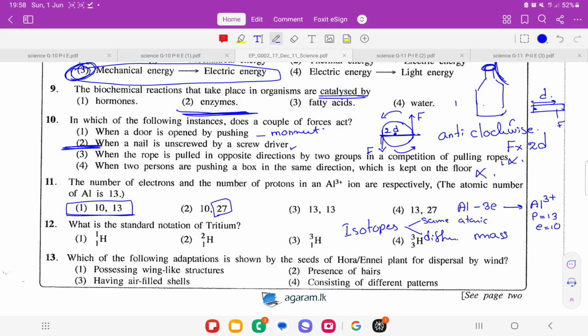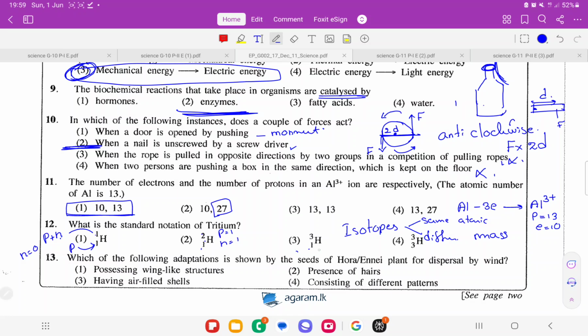If we take protium, deuterium, tritium, in protium 1 means 1, the bottom one means proton count, top count is proton plus neutron count. But here there are no neutrons, neutron count is 0, because that 1 comes from protons. In deuterium 1, 2, their proton is 1, neutrons also 1, right? In the third one, tritium also 1, 3.